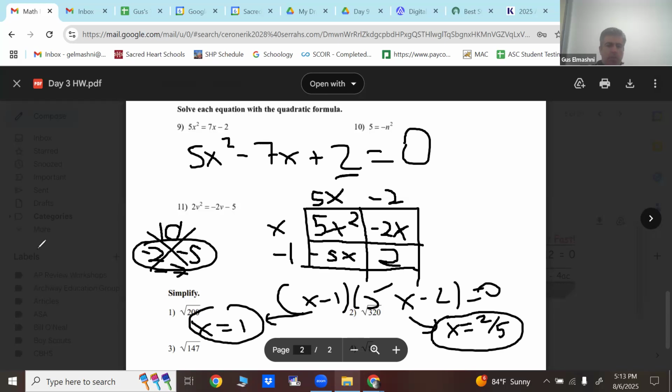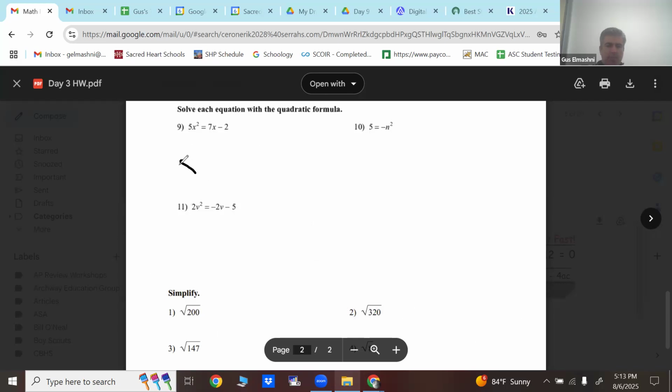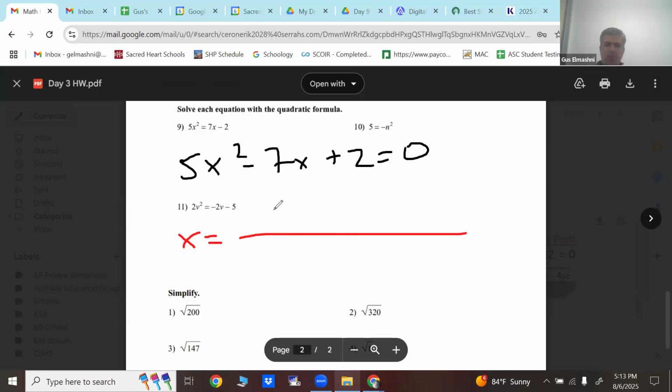Now, if you did quad form, it would look like this. The negative b, which is 7, plus or minus the square root of b squared minus 4ac, all over 2a.